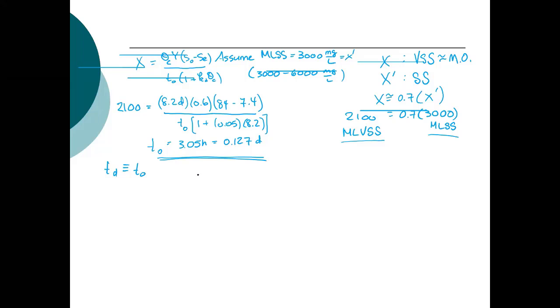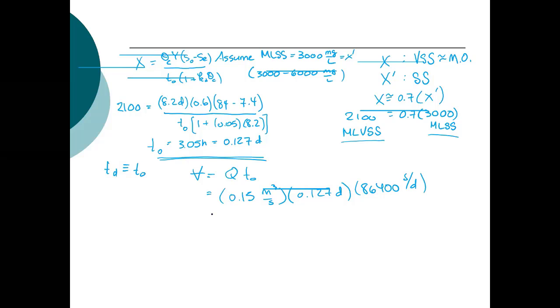To get the volume, that is just our flow rate times the detention time, equation we've used a gazillion times, and that is the 0.15 meters cubed per second times, I use 0.17 days times 86,400 seconds per day, and that is equal to about 1,600 cubic meters.